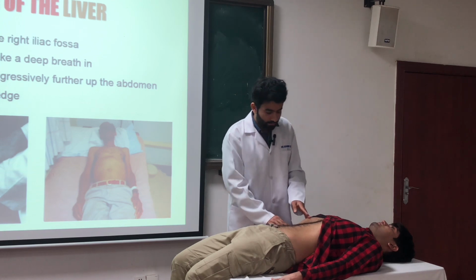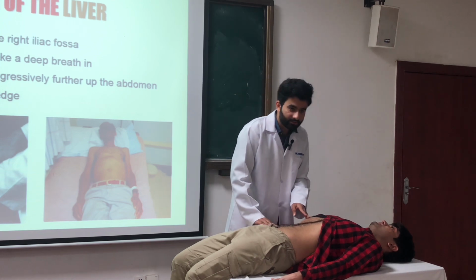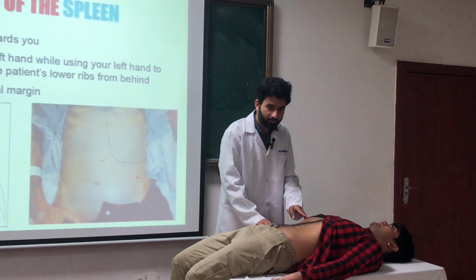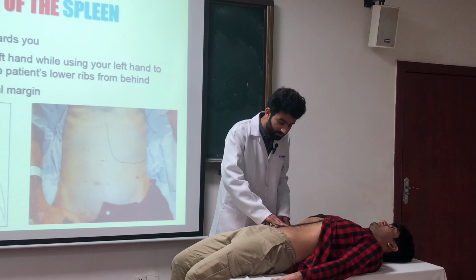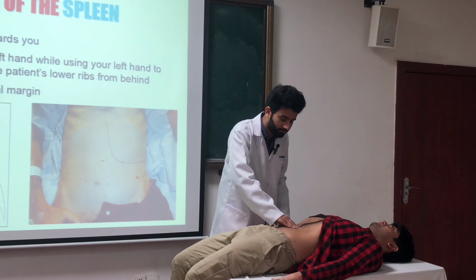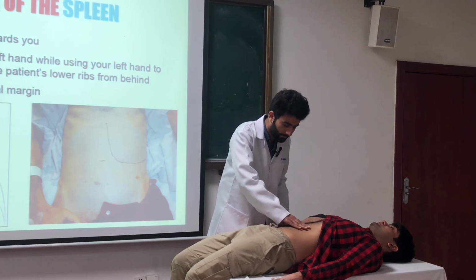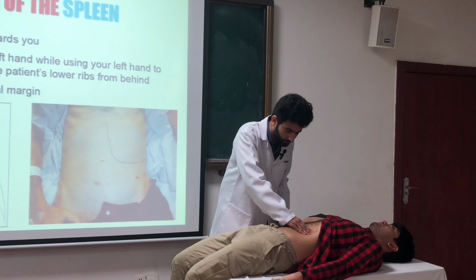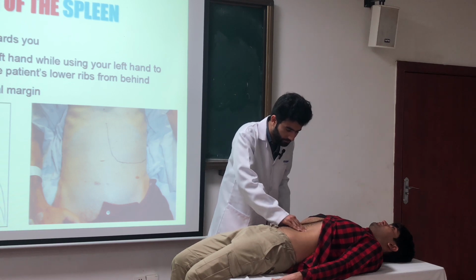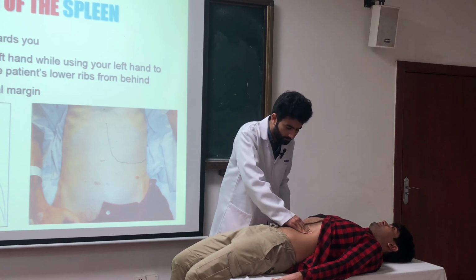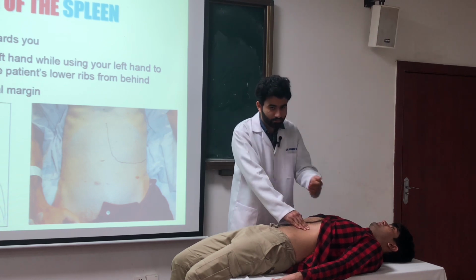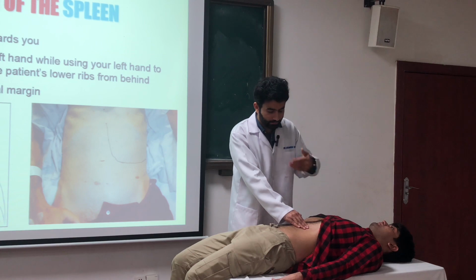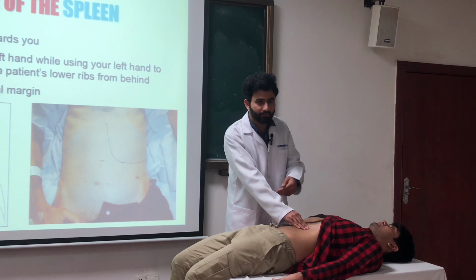So that's the size of the liver. And also we go for the spleen in the same manner. We start from the right iliac fossa, go to the umbilical region, and then go into the left hypochondrium. And if we do not feel it that way, we ask the patient to turn onto the other side, and then we place our hand at the back and then feel it.